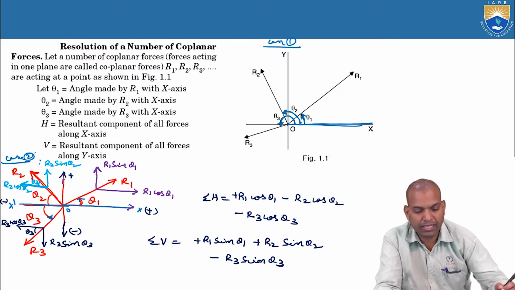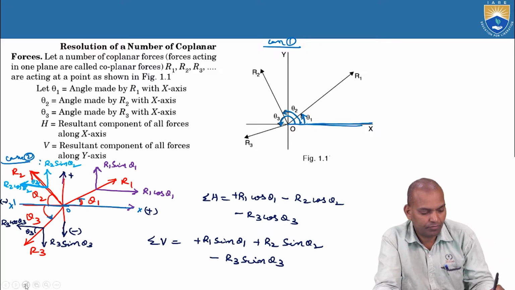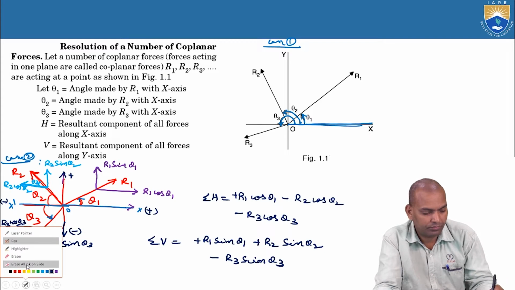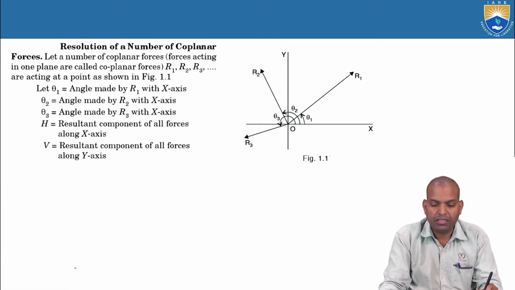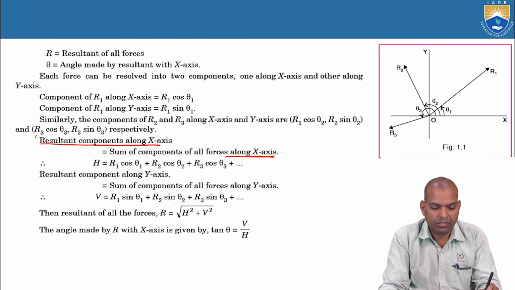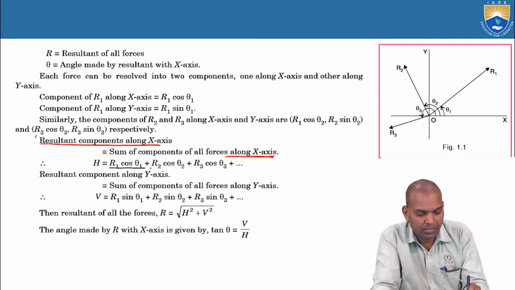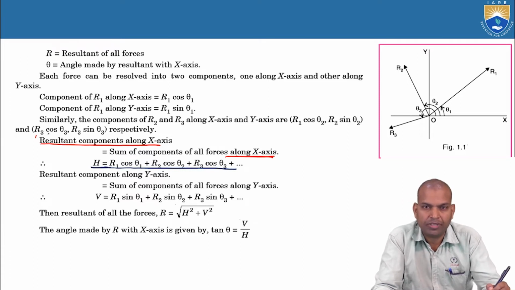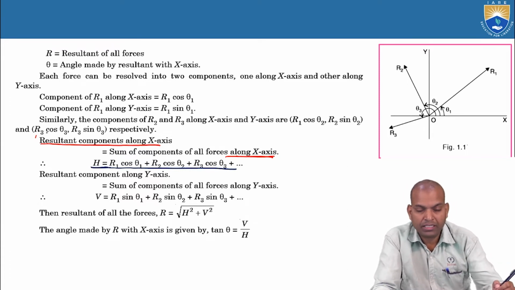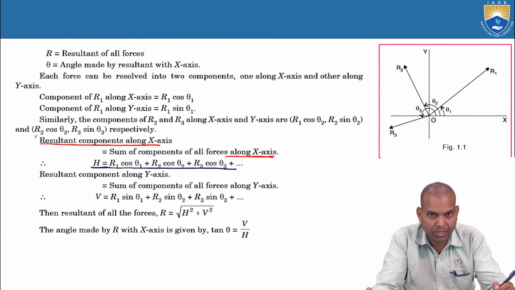Now coming to case 1, what we have is R1 cos theta 1 plus R2 cos theta 2 plus R3 cos theta 3. Next, the algebraic sum of vertical components, sigma v. The sigma v means R1 sin theta 1 plus R2 sin theta 2 plus R3 sin theta 3.